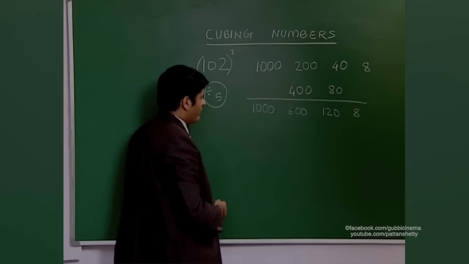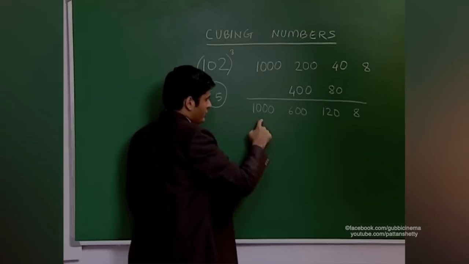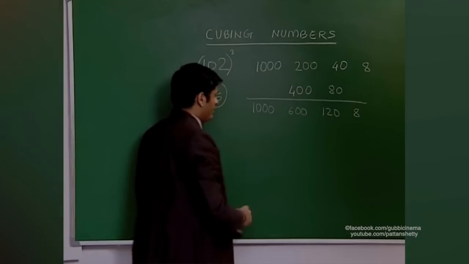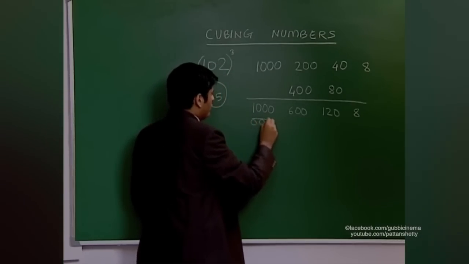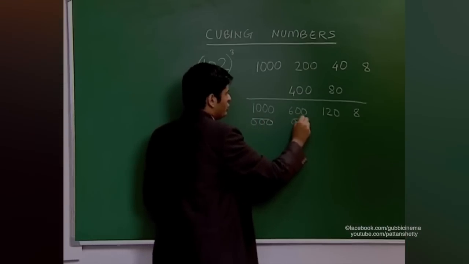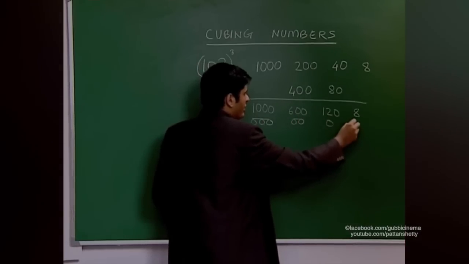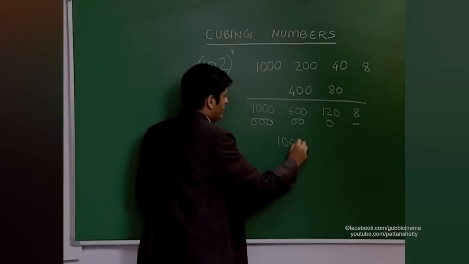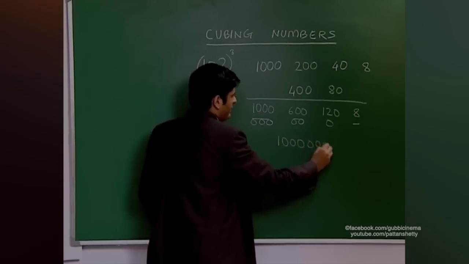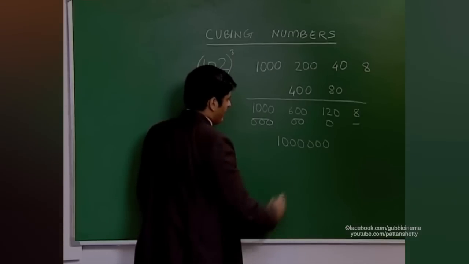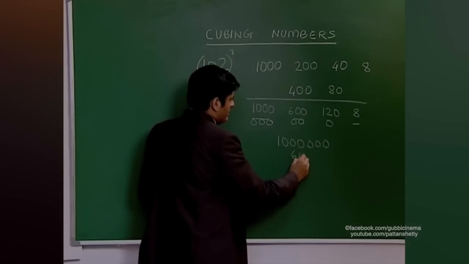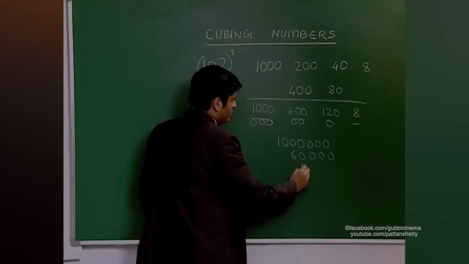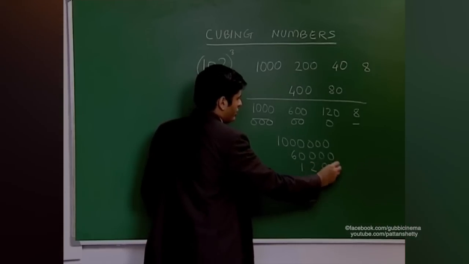Next, as we have discussed, we put 3 zeros behind this, 2 behind this, 1 behind this and nothing behind this. So 3 zeros over here, 2 zeros over here, 1 zero over here and nothing over here. So it becomes 1,000,000, next it becomes 60000, next it becomes 1200.